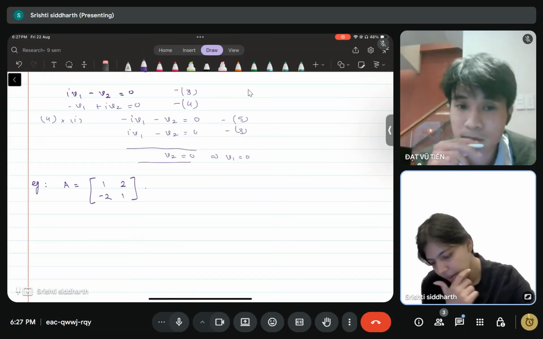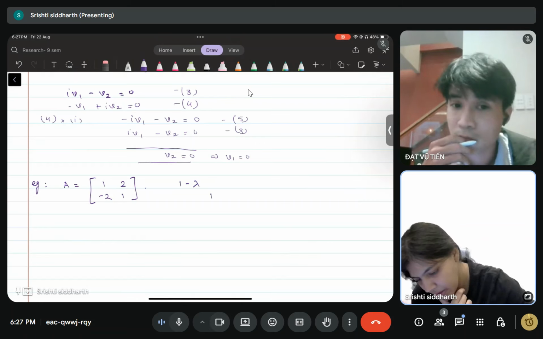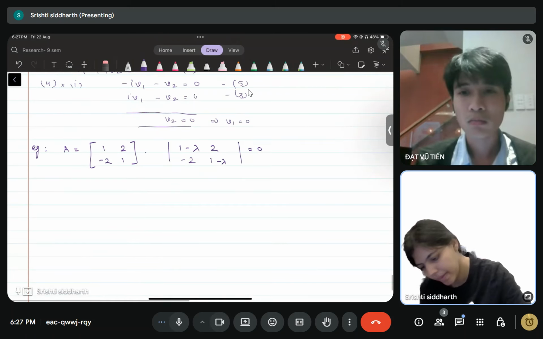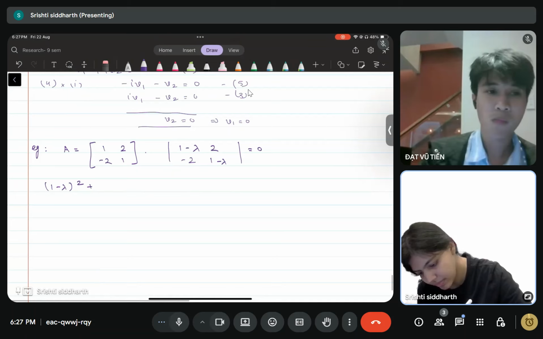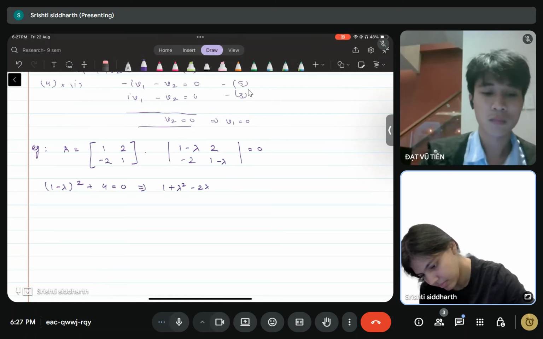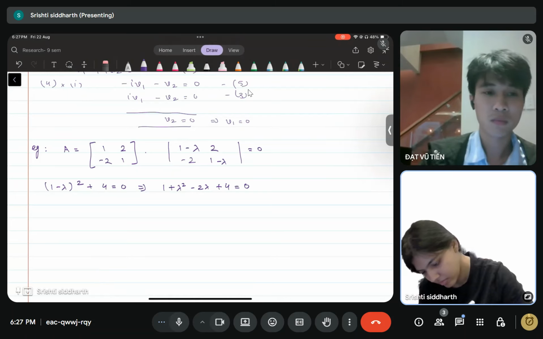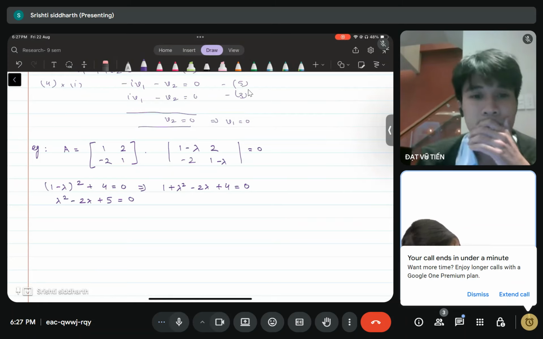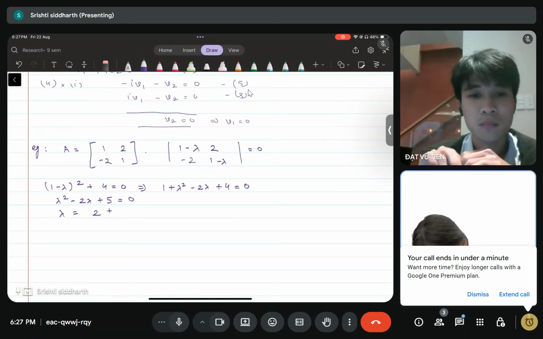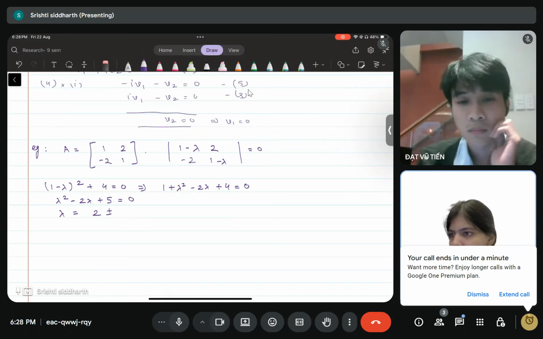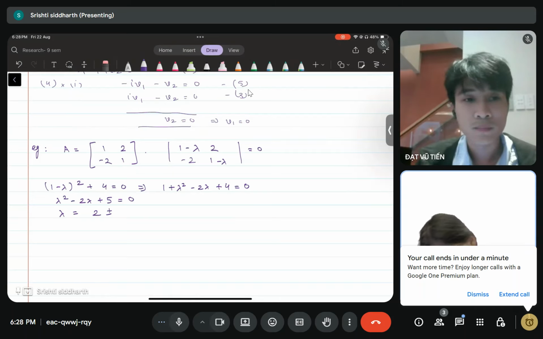So this is 1 minus lambda, squared, plus 4, which gives lambda squared minus 2 lambda plus 5 equals 0. So lambda is the same equation.